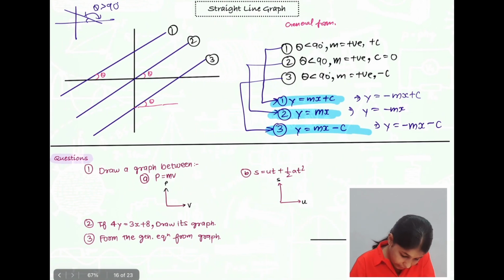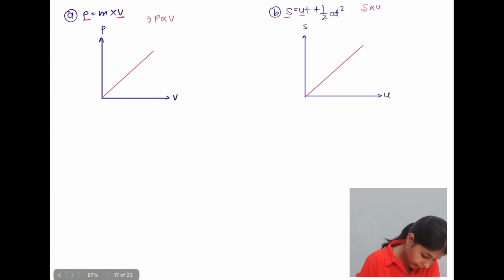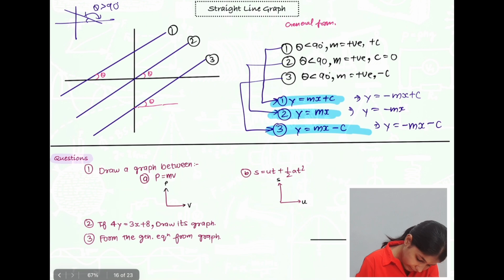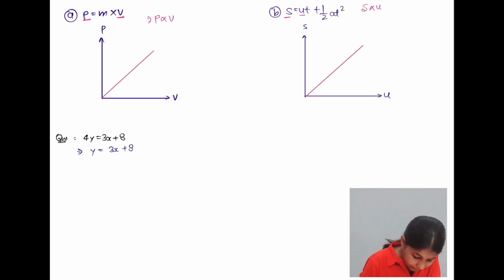Okay, our next question is, we have been given the equation 4y is equal to 3x plus 8, draw its graph. So let me write here first. Our second question: what is given? 4y is equal to 3x plus 8. To solve it, y is equal to (3x plus 8) upon 4.